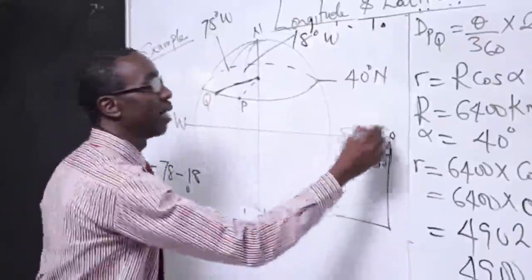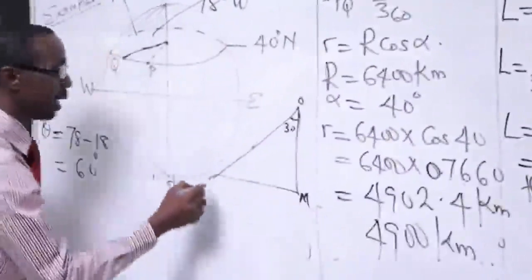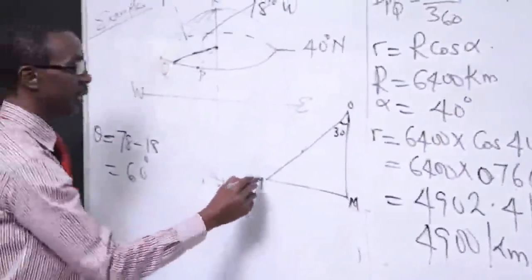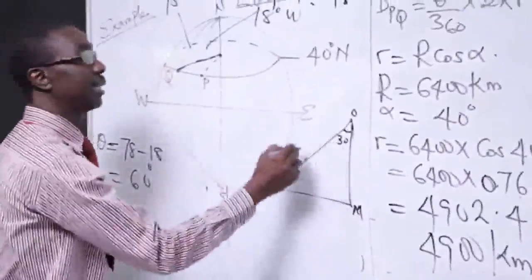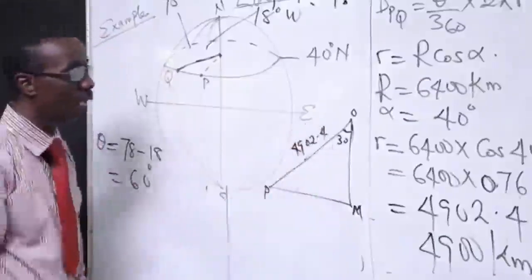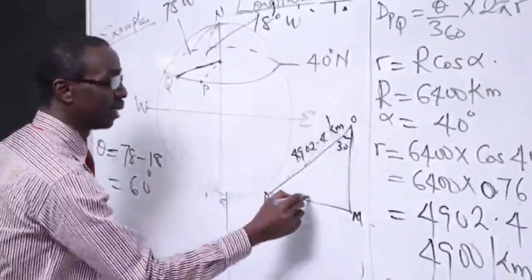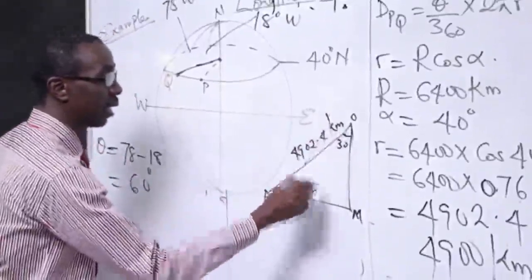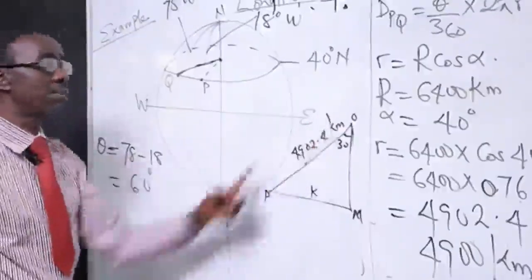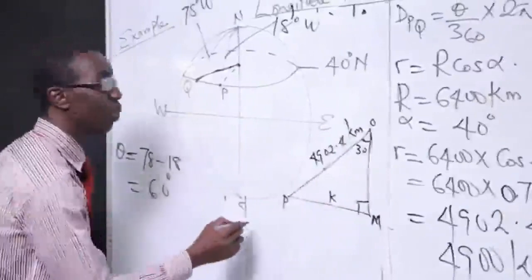This place is my center O, and let's call this place M. And this is P. The angle there is 30. This is 4902.4, in kilometers. They want me to find this place, let me call it K. Opposite to this angle over the hypotenuse, because this is a right angle, I have sine, opposite over hypotenuse.